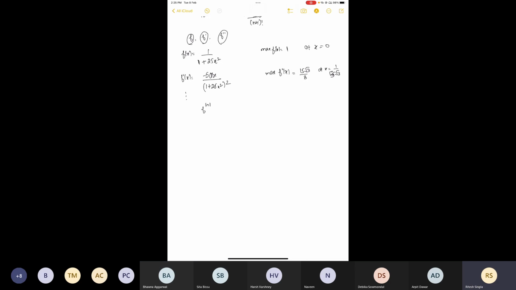So when you go to the higher derivative, say f^(n+1)(xi), it will be somehow dependent upon (n plus 2) factorial or something. You can find it on Google also, or you can do it on your own. So when we do f^(n+1)(xi) upon (n plus 1) factorial, it will go to infinity.